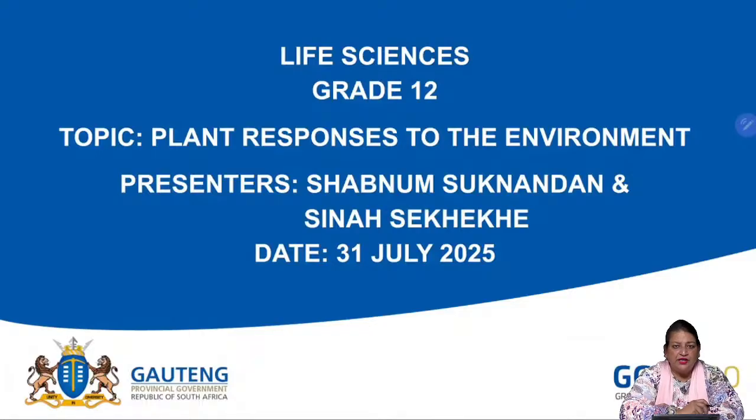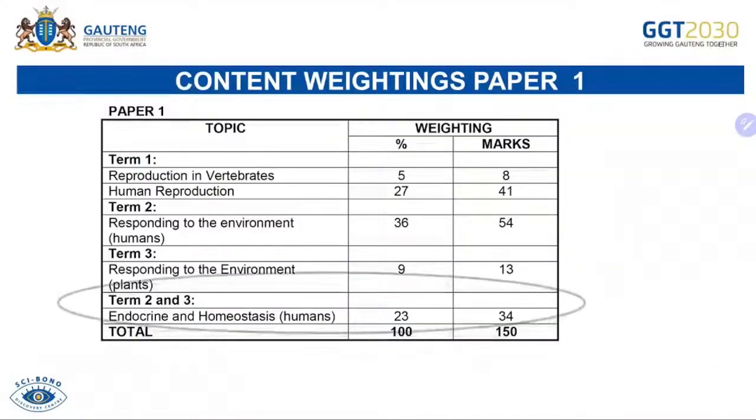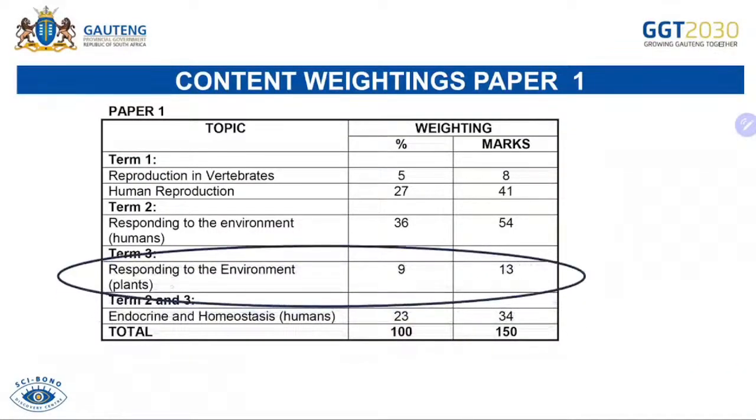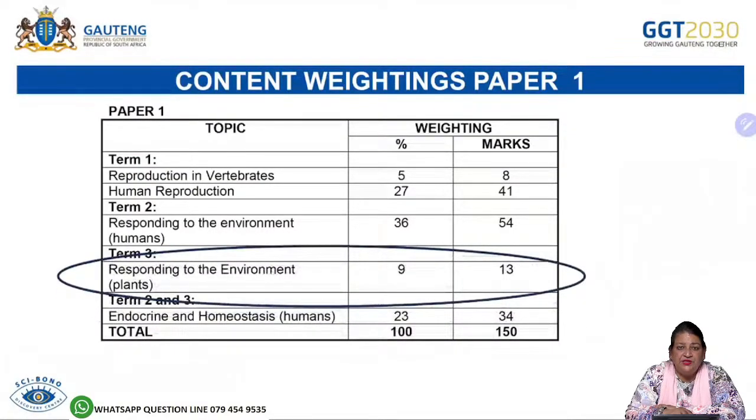Let us look at the actual weighting and mark allocation of plant hormones in your paper 1. You can see that plant hormones are in term 3, responding to the environment, and it takes 9% of your paper 1, which is a total of 13 marks.